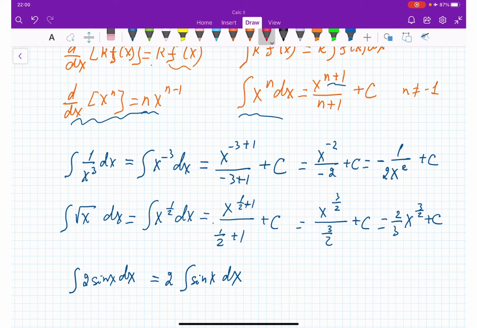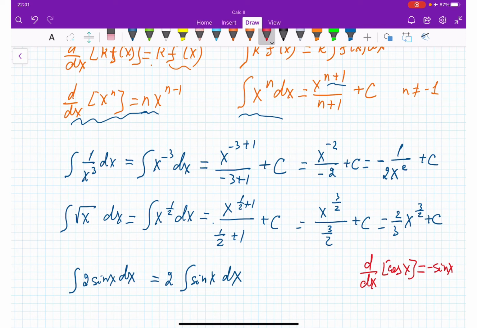Let me ask you this question: sine x is a derivative of which trigonometric function? It's going to be the derivative of cosine, right? d by dx of cosine x is equal to negative sine x.